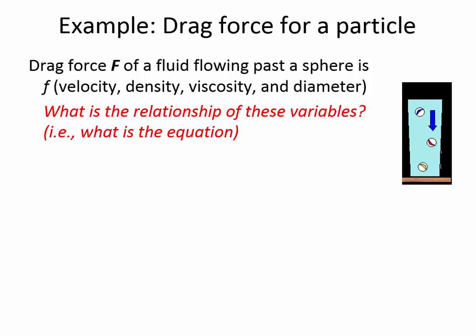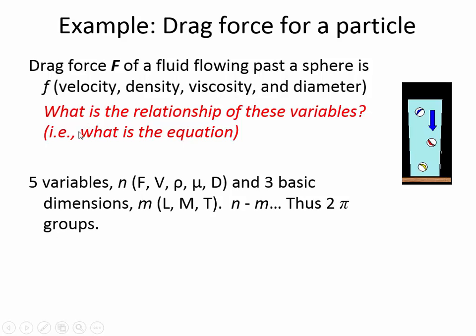So we can find out what is the formula for drag force just by knowing that these have been observed to affect it. All right, so here there's 5 variables. There's the force of drag, velocity, density, viscosity, and the diameter. And among those 5 variables, there are all 3 of the dimensions: length, mass, and time.